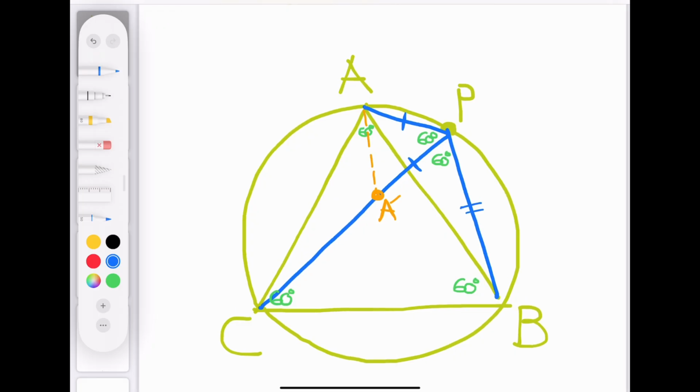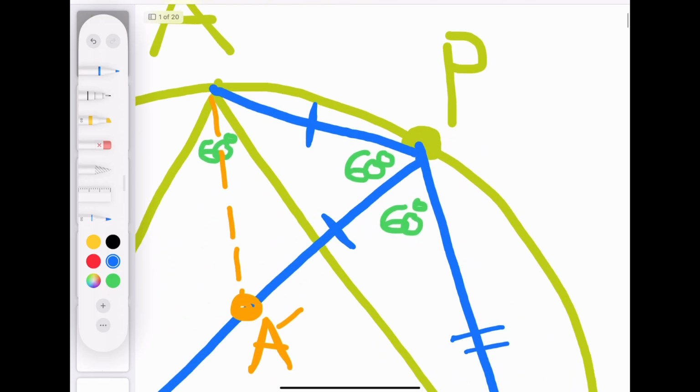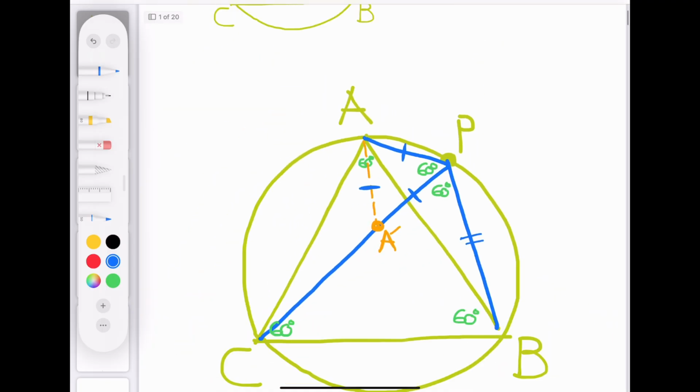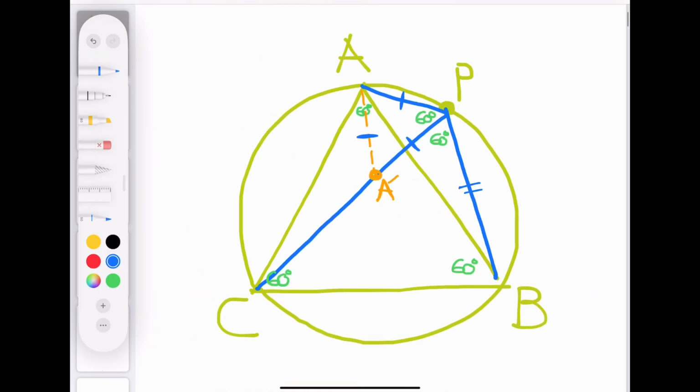Well, because this is an isosceles triangle, you get that these two angles are equal, and the sum of the angles of a triangle is 180 degrees. So it will follow that these two angles will have to be equal to each other, and they'll have to be equal to 60 degrees, and so this is an equilateral triangle. You get that all angles of A prime AP are 60 degrees, and all sides are equal. So when we construct this point A prime, it will make it so that A prime AP is equilateral.